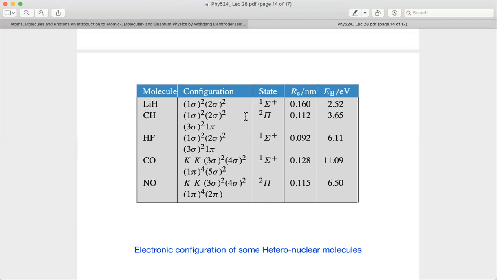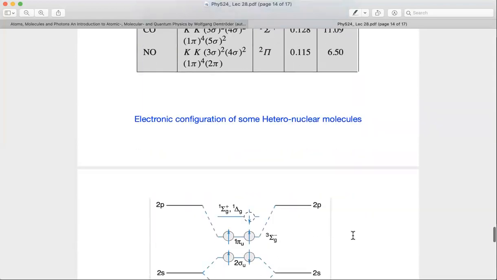So I get sigma, the total Lz is 0, spin multiplicity is 1, and the reflection eigenvalue is plus. And for the CH molecule, there's no label for the plus and minus states and so on.